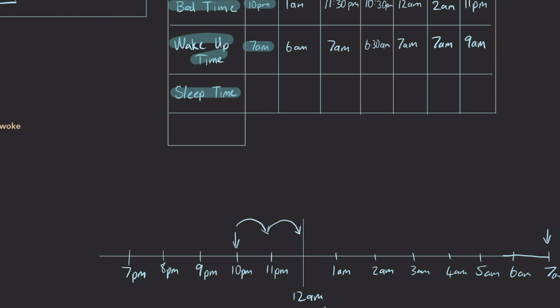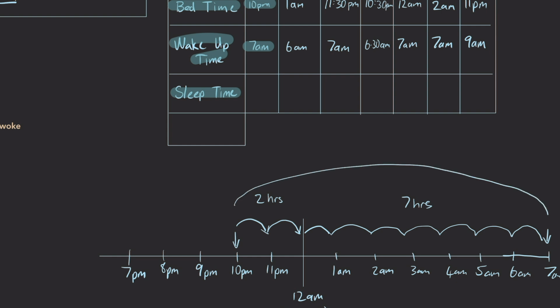So we've got 2 hours on that side. And then on this side, we can count them as well. So we've got 1, 2, 3, 4, 5, 6, 7 hours. So a total of 7 hours. And then we just put them together because we want to go from here all the way to there. So 2 plus 7 is 9 hours. So I know my sleep time is 9 hours.